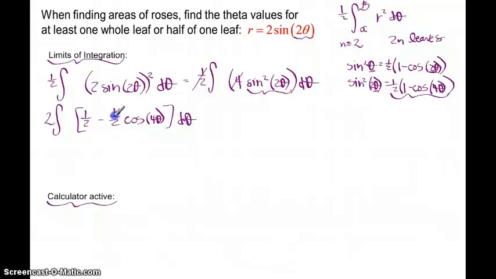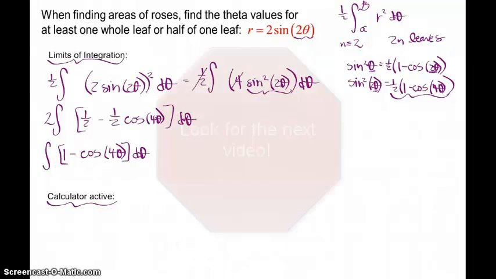And now again, I can distribute that 2 through there, and we have 1 minus the cosine of 4 theta d theta. So now the only question are limits of integration, and I'm going to save that for the next video. So look on the next video and we'll talk about limits of integration here.